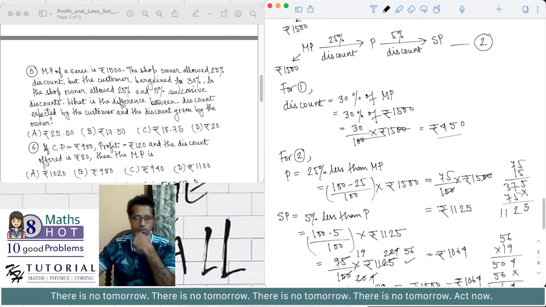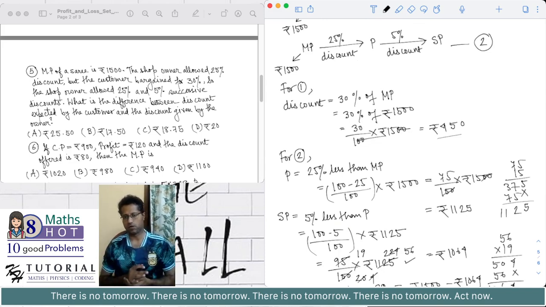So for scenario 2, there is a successive discount of 25% and 5%. After the 25% discount, the P will be equal to 25% less than MP, which is equal to 100 minus 25 by 100 multiplied by 1500, which is equal to 75 by 100 multiplied by 1500, which is 1125.